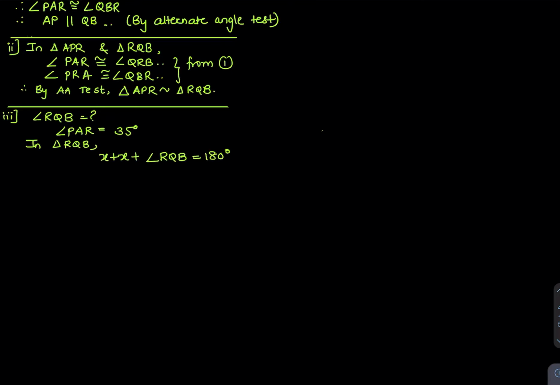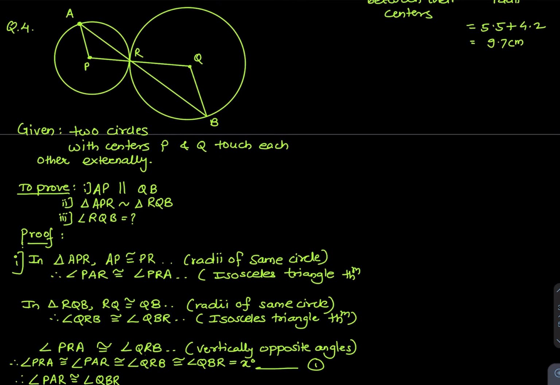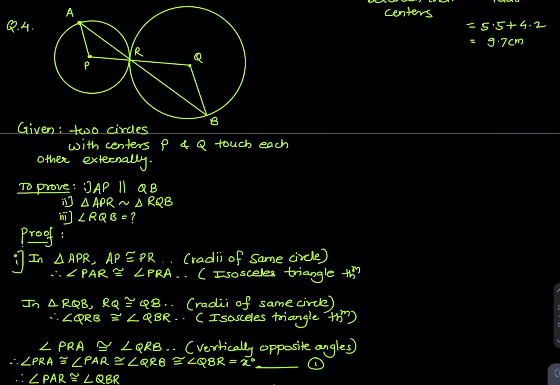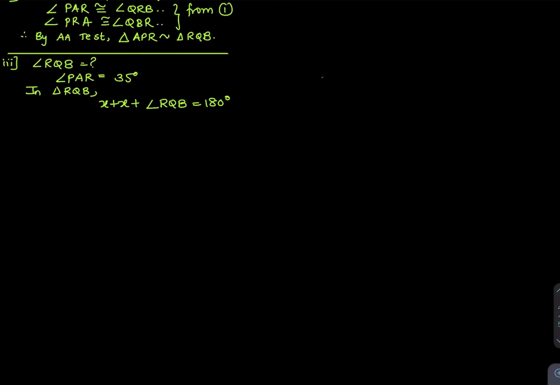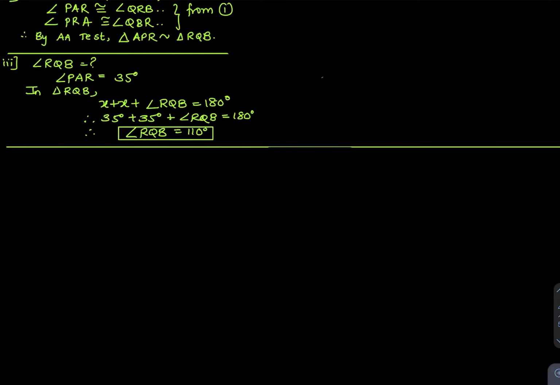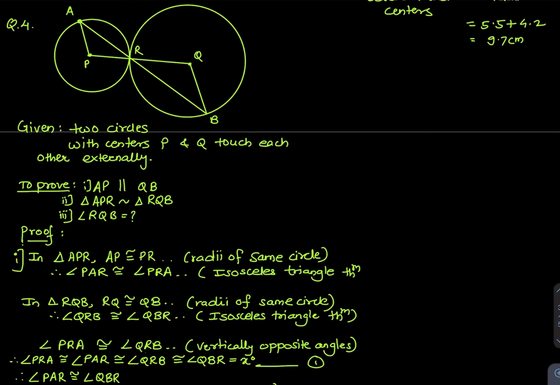So X plus RQB is equal to 180 degrees, because these two angles are of measurement X. Now by solving this equation, we get 35 plus 35 plus angle RQB equal to 180 degrees. So RQB will be 110 degrees. So here the proof of the third problem is finished.